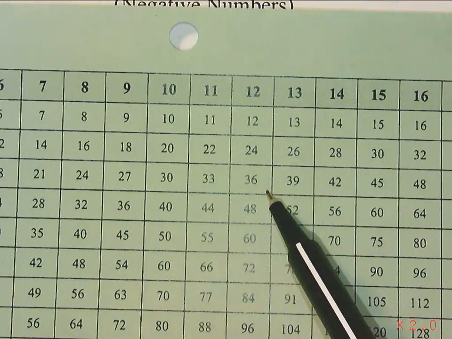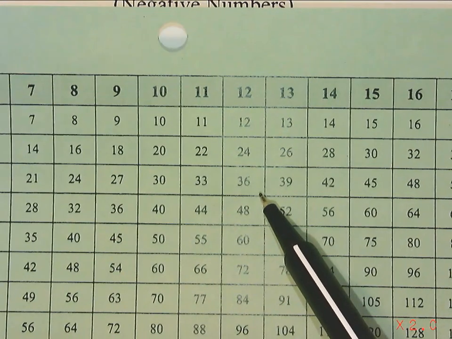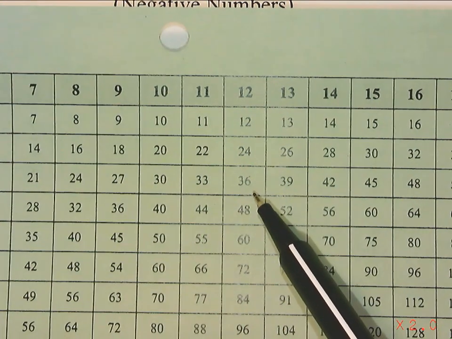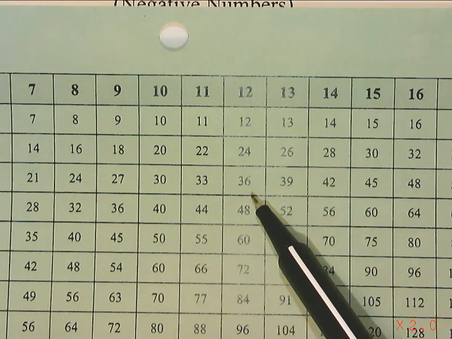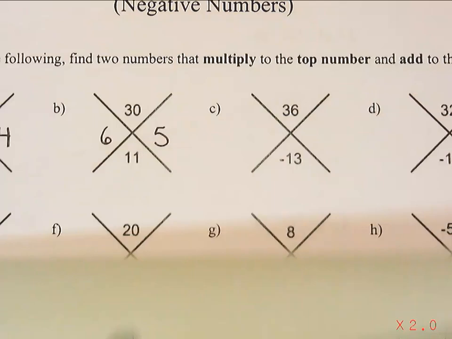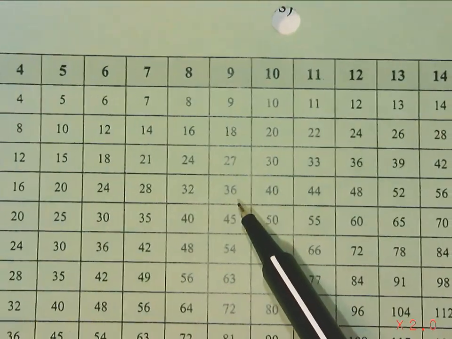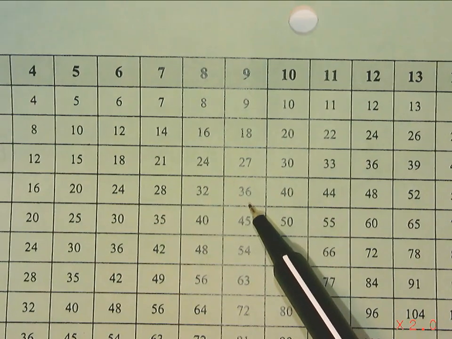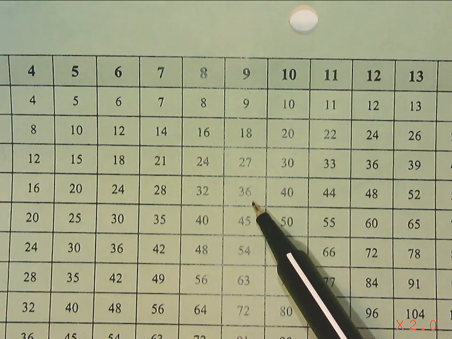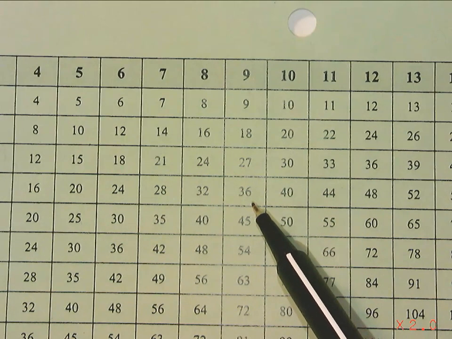There's another 36. That is 12 and 3. 12 plus 3 is 15. 12 minus 3 is 9. Nope, still not what we're looking for. All right, 36, there's another one. 9 and 4. So 9 plus 4 is 13, and 9 minus 4 is 5.